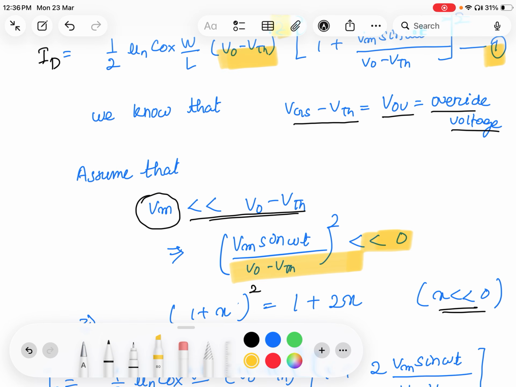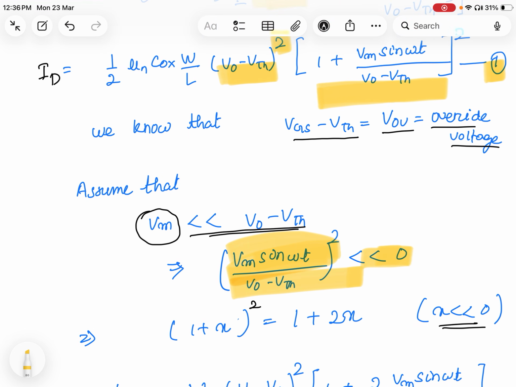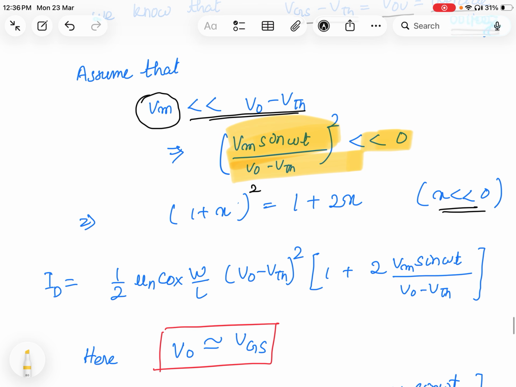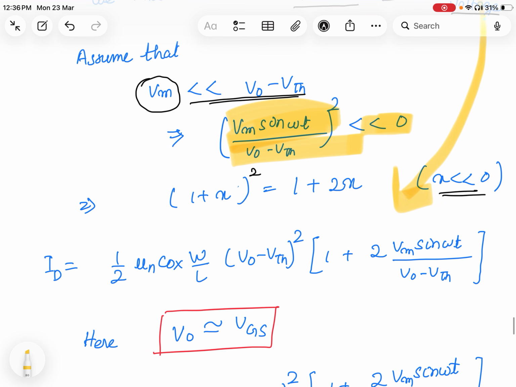Taking the similar case here, 1 plus Vm sin omega t divided by V0 minus VTH whole square, and since this value is very small, we can neglect the square of the particular value. So I get 1 plus 2 times Vm sin omega t divided by V0 minus VTH.